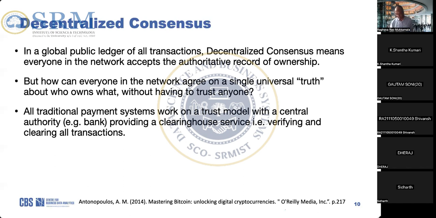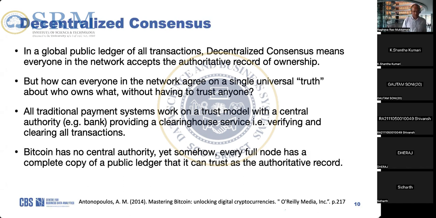But in the case of Bitcoin, we don't have any central authority. And yet somehow every full node, all the nodes doing mining, have a complete copy of the public ledger that they can trust as an authoritative record. Here we have to understand that no one tells us which is the authoritative complete copy of the public ledger, which is the Bitcoin chain.